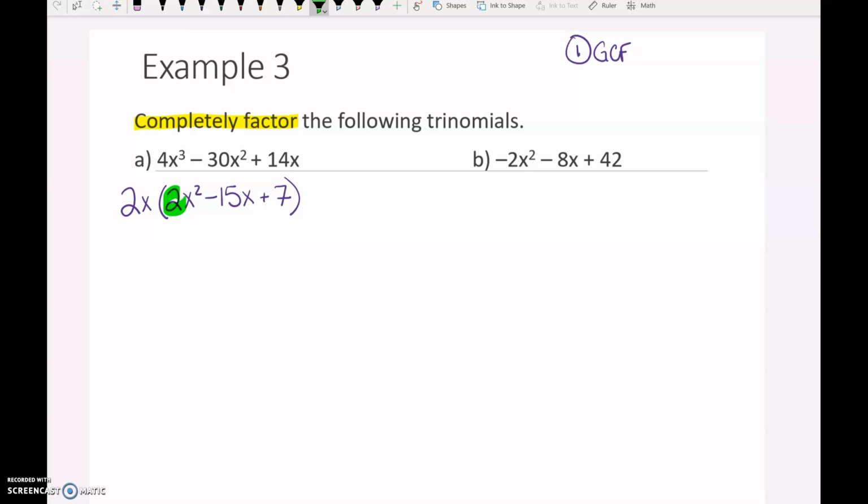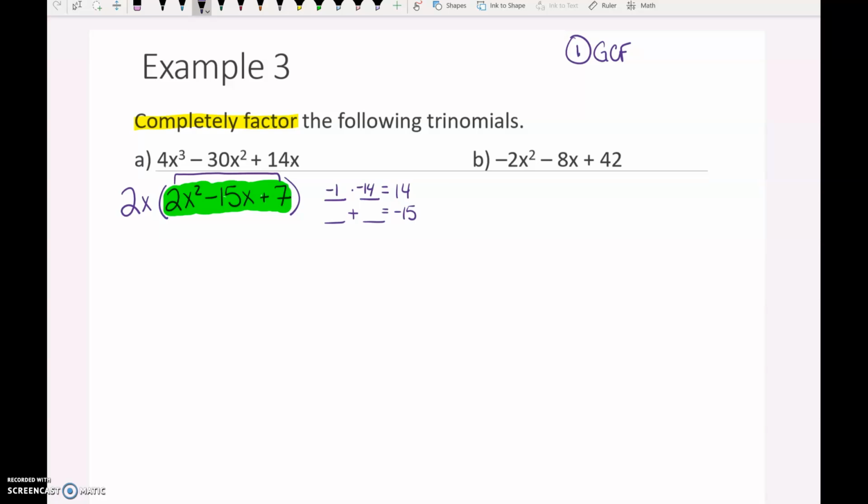Now we are going to focus on factoring what is left inside the parentheses. We need to multiply the 2 and the 7 together. So we're looking for two numbers that multiply to give us 14. Those same numbers have to add up to -15. If we're adding up to -15, but we're multiplying to a positive, they both have to be negative.